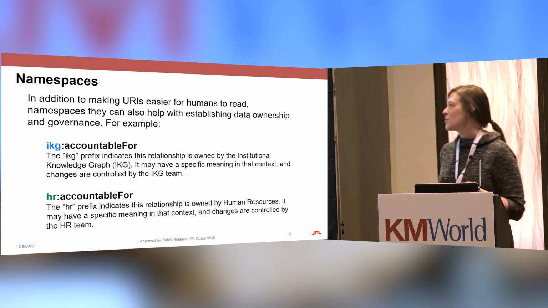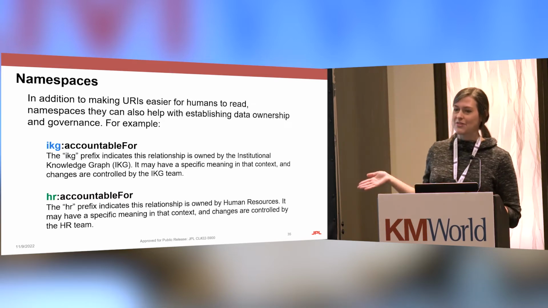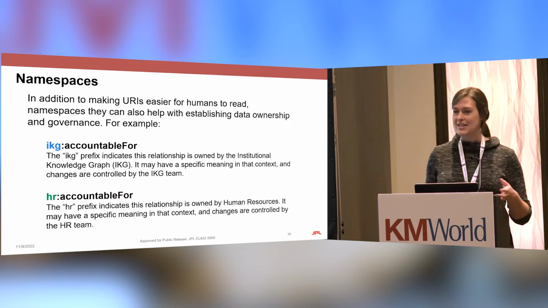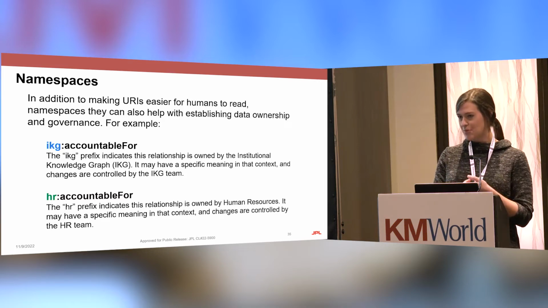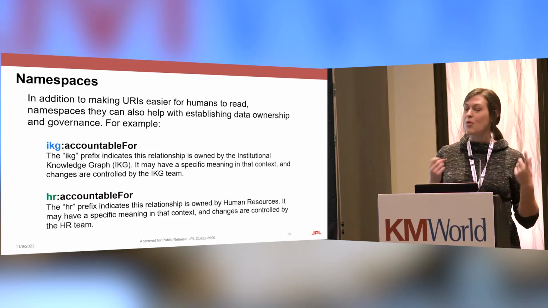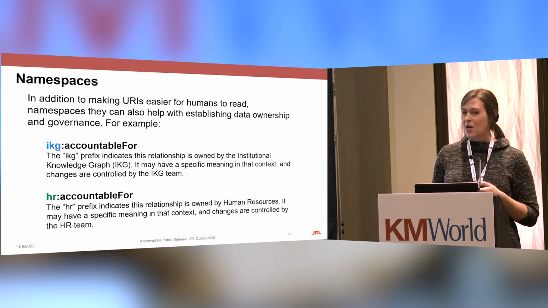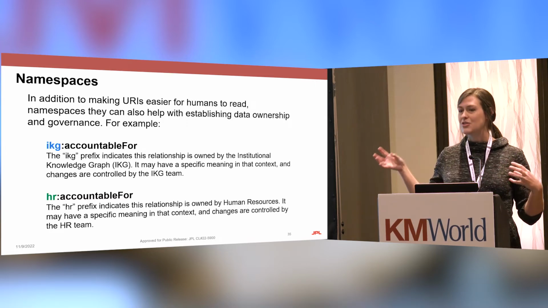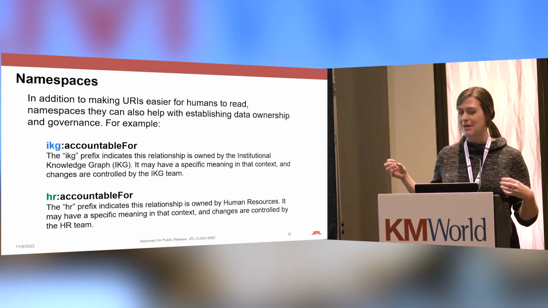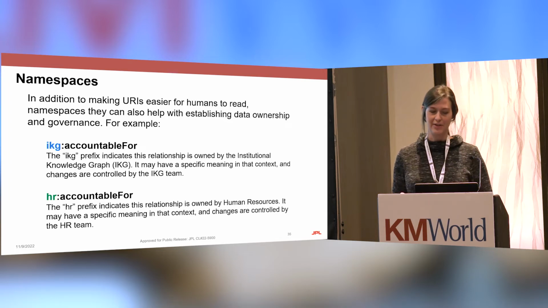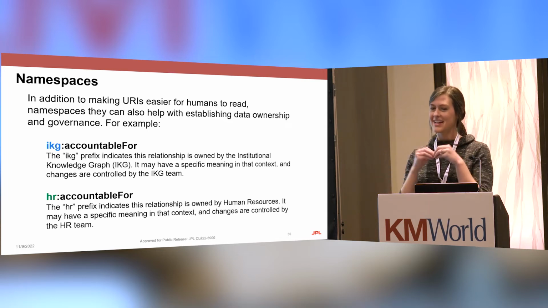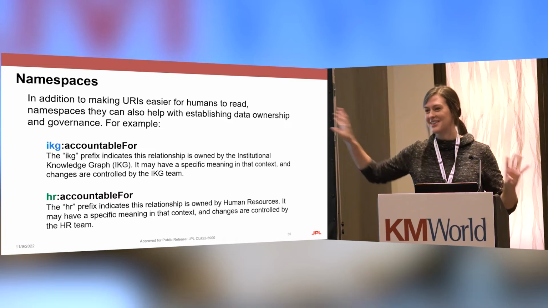So if we can use URIs and then give these URIs specific namespaces, it makes it very easy to tell who's defined this attribute or relationship or entity, who owns it, where is it coming from, and making sure that you're not conflating two different fields just because they have the same name. So these namespaces have been really crucial for helping us connect data sets and then kind of disconnect them when needed.